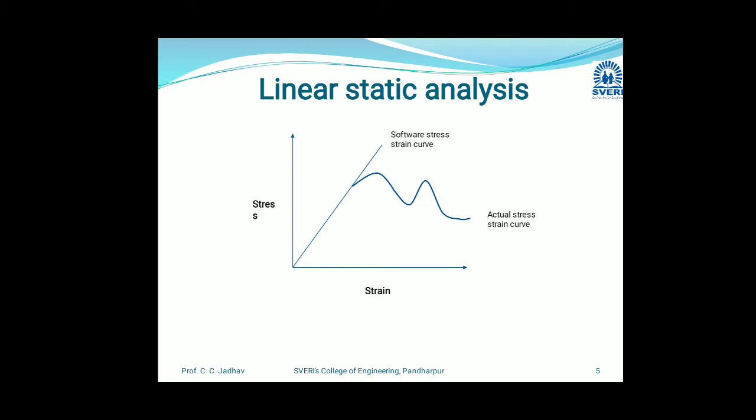So they are just showing the red color where failure occurs. We have to conclude whether the component is safe, unsafe or failed by comparing the maximum stress value with the yield or ultimate stress value.